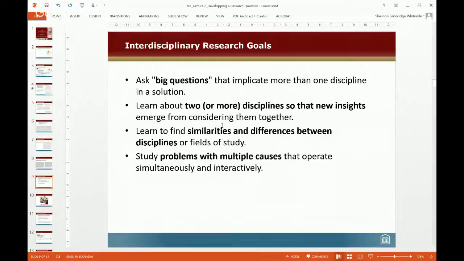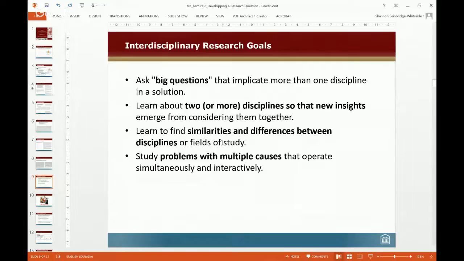It allows you to really look at similarities and differences across disciplines. As I said a couple times now, people coming from different disciplines often bring very different perspectives to the table. And often that is used as a reason to shut down interdisciplinary research. But if you can open your mind to the idea that some of these perspectives are very intriguing and worth considering, it really can make research quite rich.